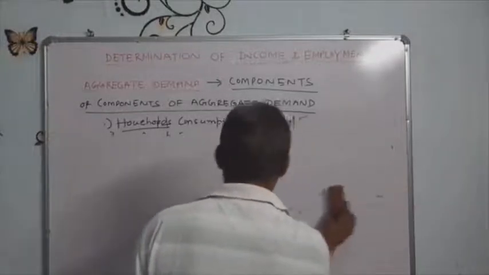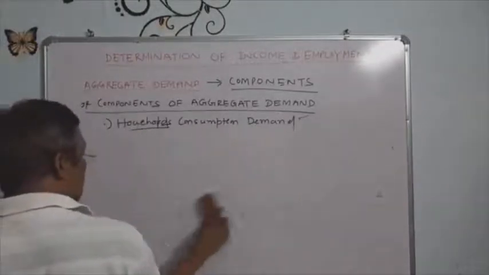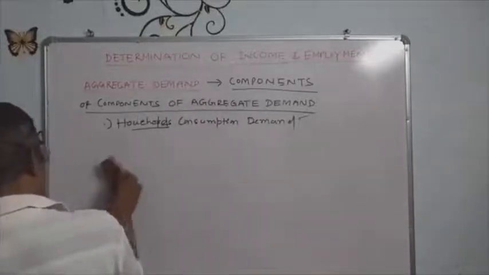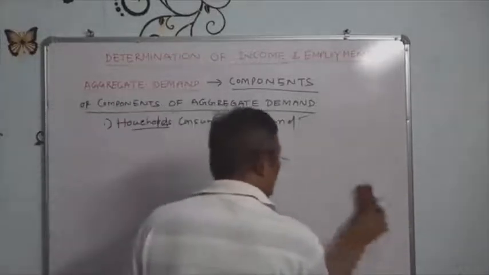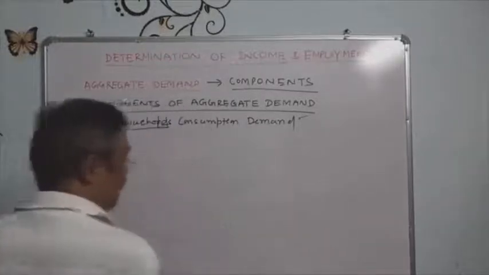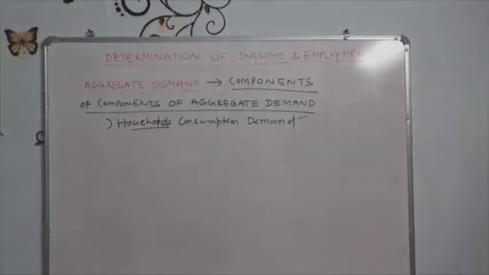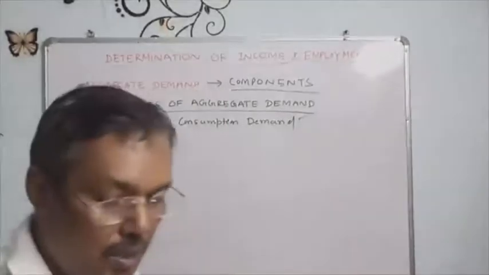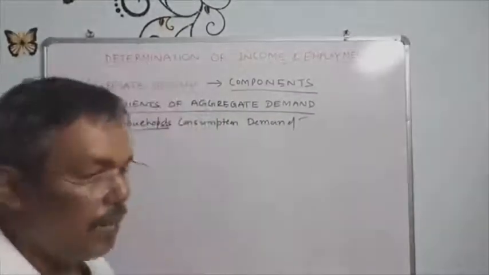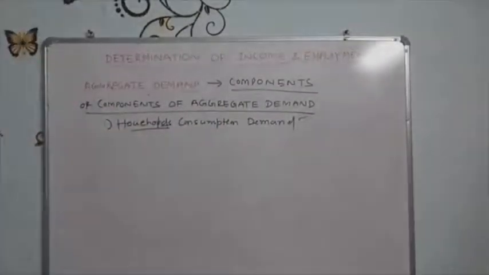We spend money not only on consumption, but also for the development of an economy, or to earn more and more money, we also invest that money. That is called private investment demand.